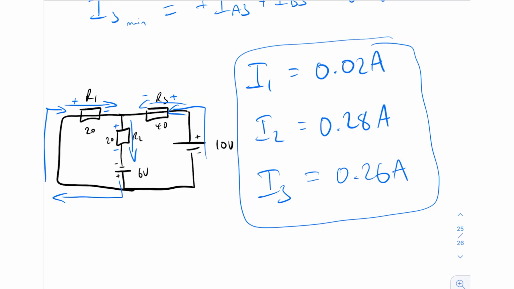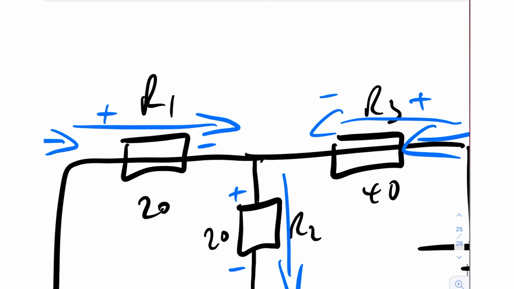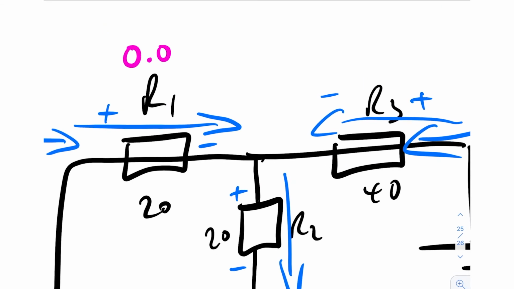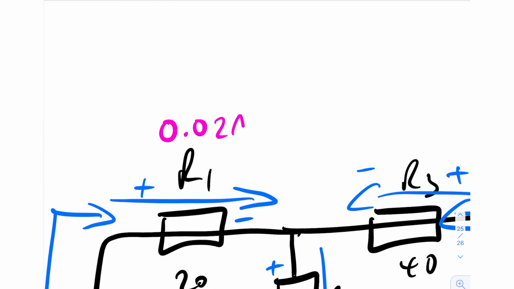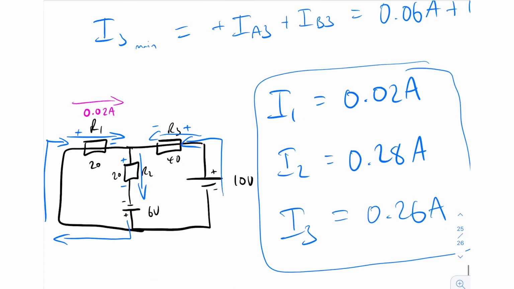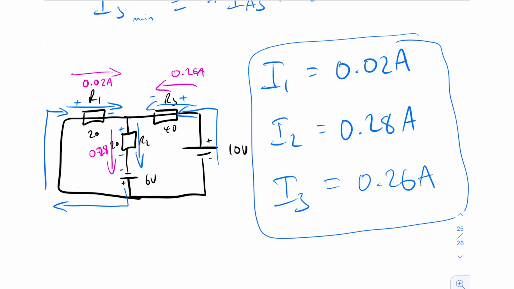If we look now at I1 here, 0.02 amps of current is flowing that way. And I2, 0.28 amps is flowing that way. And I3, then 0.26 amps is flowing that way.